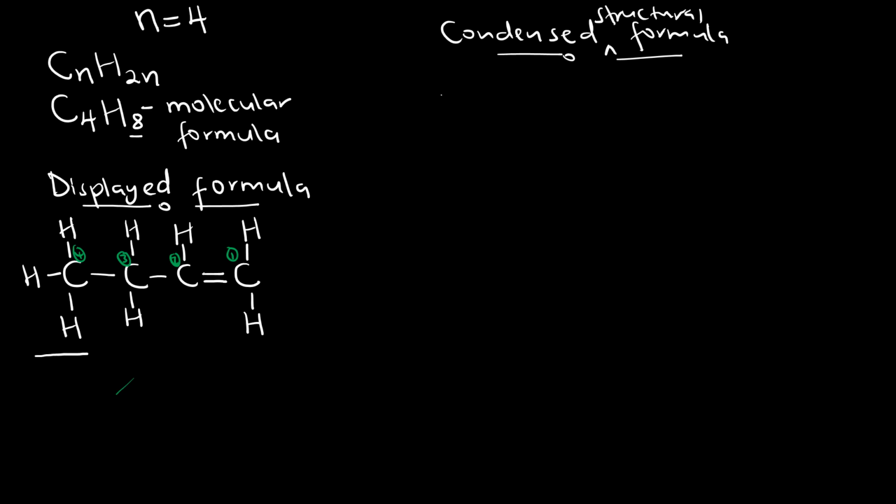So we shall write CH3. Our third carbon atom has 2 hydrogen atoms, so we shall write CH2. Then the second one will have 1 hydrogen atom, we write CH, followed by our double bond, and carbon atom 1 will have 2 hydrogen atoms attached. So this will be our condensed structural formula.